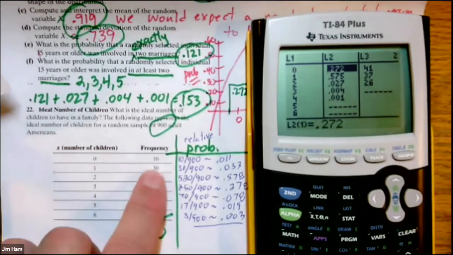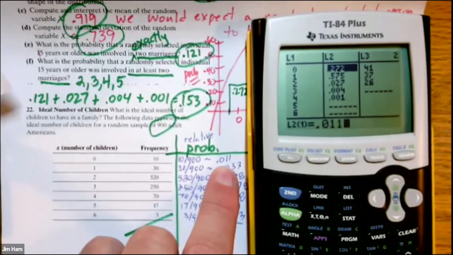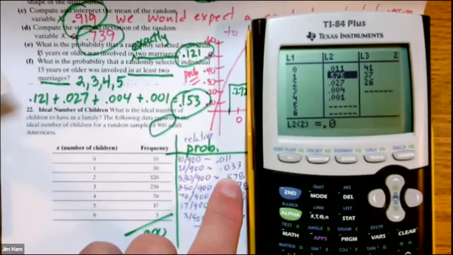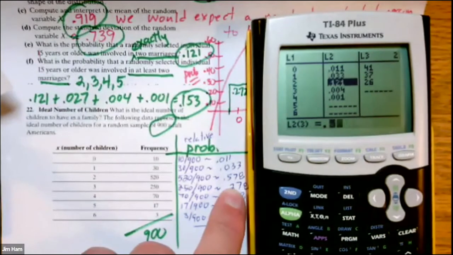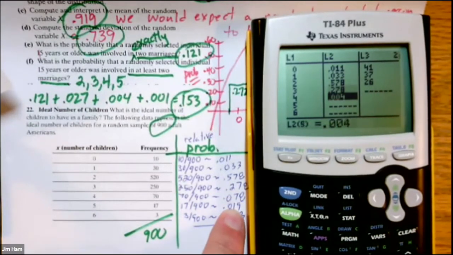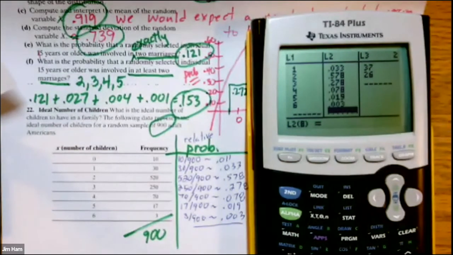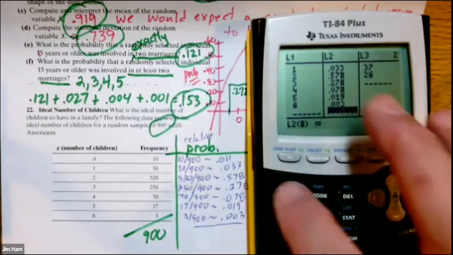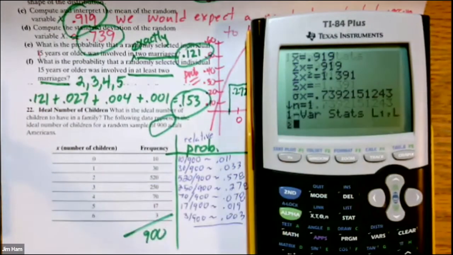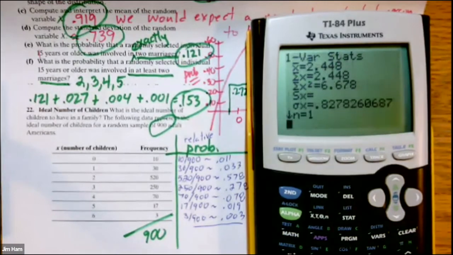Okay, so 0.011, I'm going to write the decimal versions. And with the probability distribution in there, we're going to do the same calculation as before. One variable statistics, L1, L2, and we get 2.448.